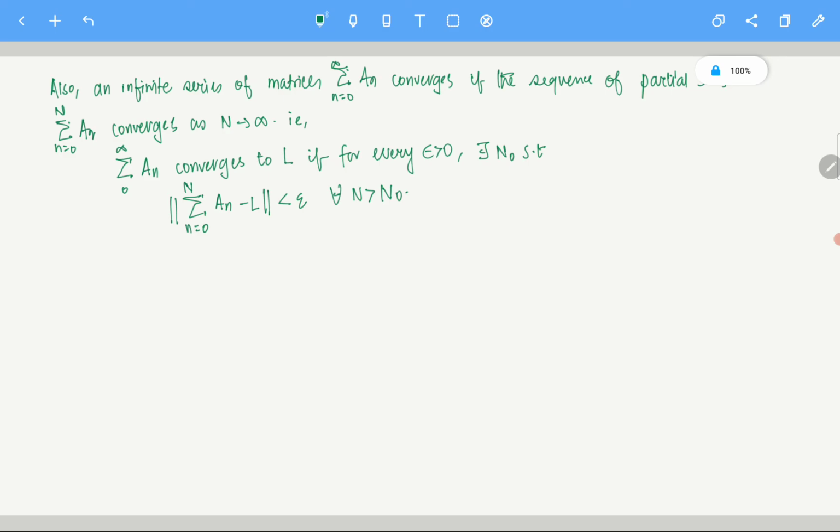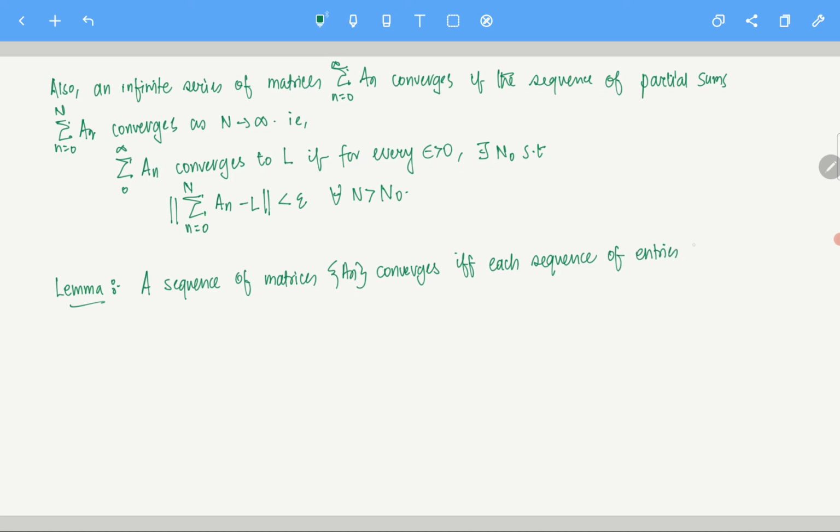Now it is easily seen, let me write down a property, or maybe I can write it as a lemma, that a sequence of matrices An converges if and only if each sequence of entries converges.